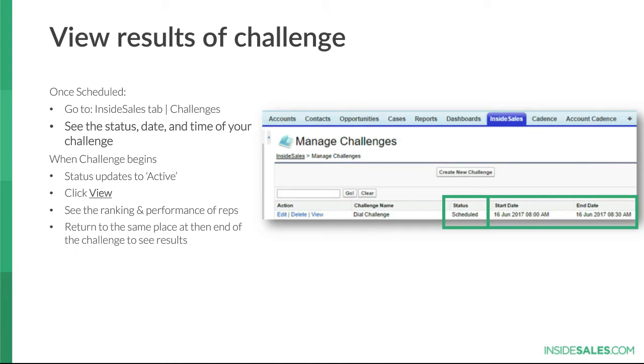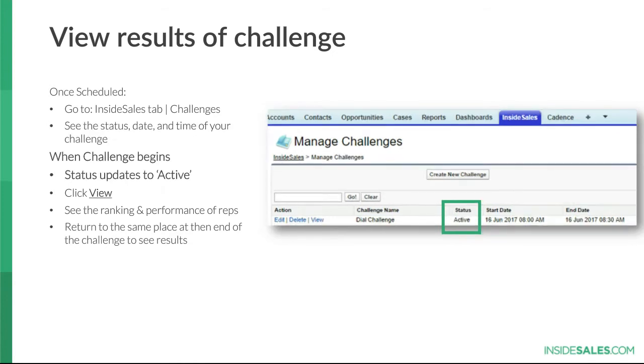One thing to note here: when you schedule a challenge in Powerstandings for those KPIs that are the right fit, you're going to schedule it, and then right afterwards you're going to see this on your Challenges tab. You're going to see the status of your challenge, that it's scheduled. It gives you the start time of the challenge. When the challenge actually begins, the status changes to active, so then you know it's underway.